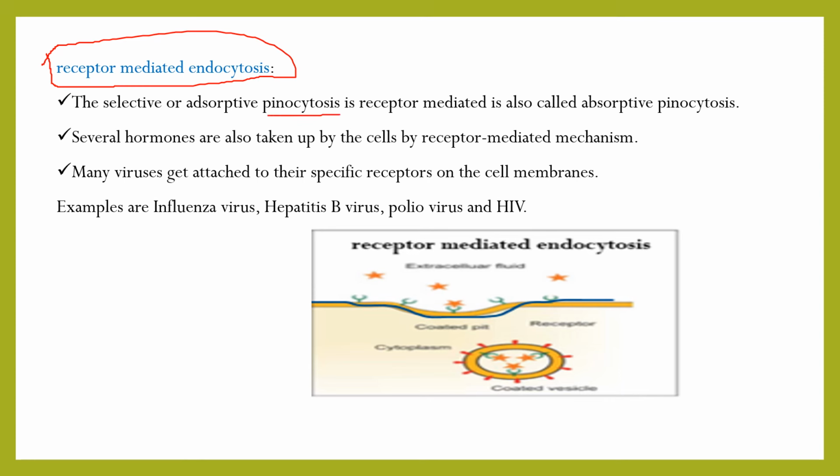Rather, some liquids may need receptor molecules or receptor proteins that help them to attach to the cell and then enter into the cell. So the process is known as absorptive pinocytosis. Several hormones are also taken up by the cell by a receptor-mediated mechanism.